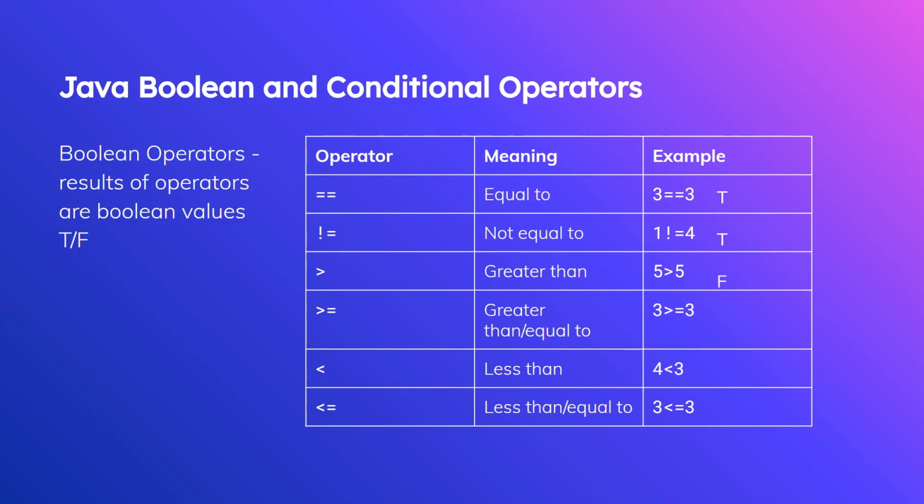Yeah, it's false, because people like to mistake it since they're the same number, but this is only asking if the left value is strictly greater than the right value. However, the next operator you'll see is the greater than or equal to sign. It's asking whether the left value is greater than or equal to the right value. So is 3 greater than or equal to 3?